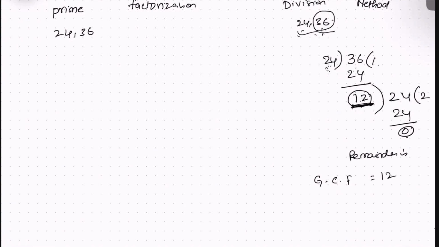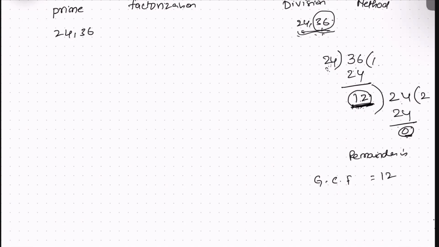Now the new remainder becomes the divisor, and the previous divisor becomes the new dividend. Continue this process until you get the remainder as 0. Once the remainder is 0, the last divisor that you used is the GCF of the two numbers.